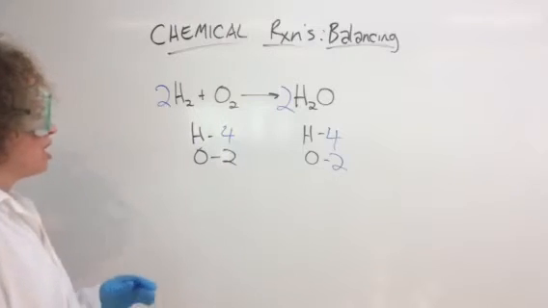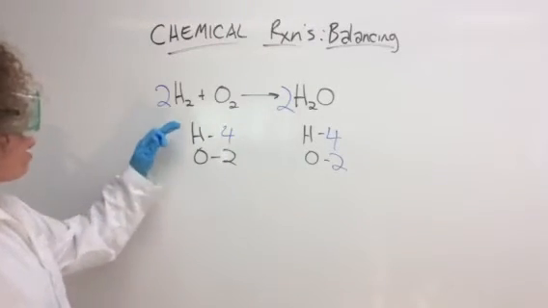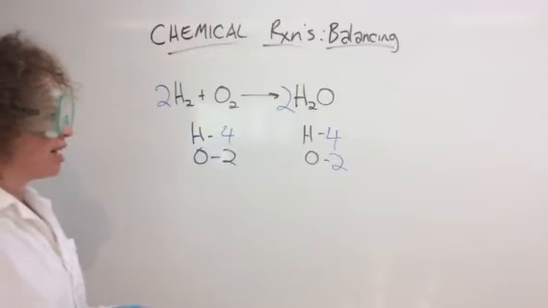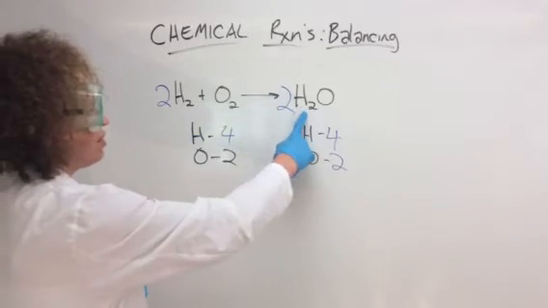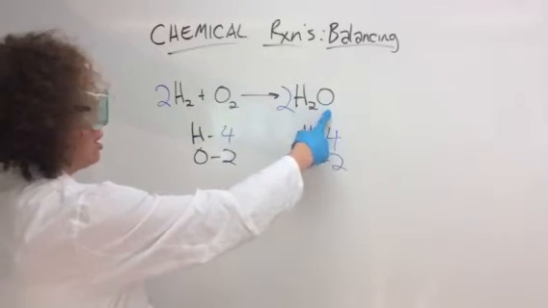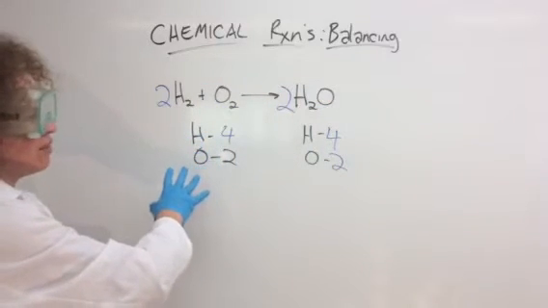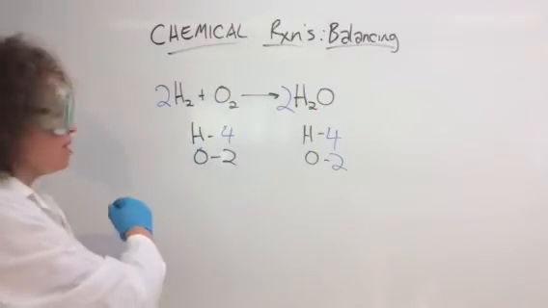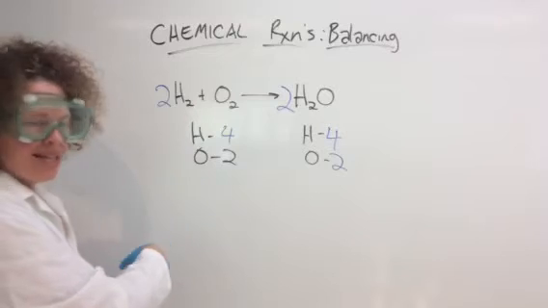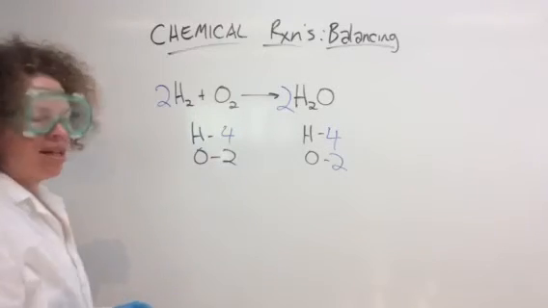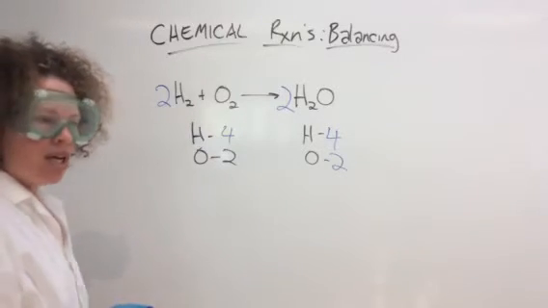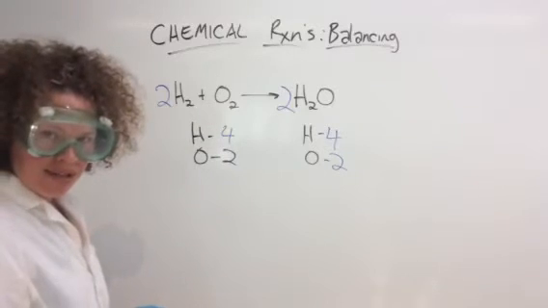I've just changed the representation of how many I have, because I've recognized that if there's 2 hydrogens for every oxygen on this side, there has to be 2 hydrogens for every oxygen on this side, which means I'm going to need twice the H2 gas that I have for the O2 gas to make it work out. Okay, that's a simple one.